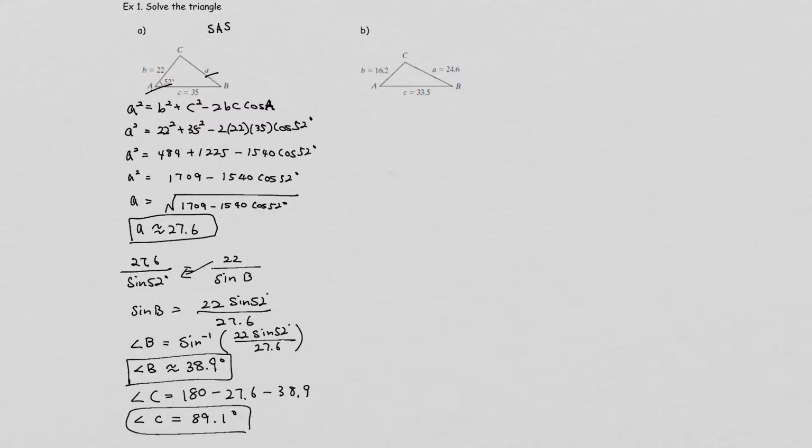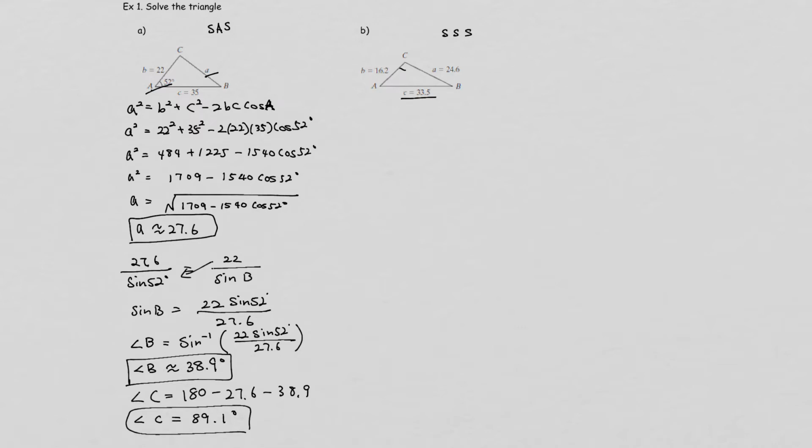What about B? In B, you have all three sides given. No angle. So in that case, we have SSS, right? In that case, we want to find the biggest angle first. Which one will have the biggest angle? Well, the longest length is going to be c.